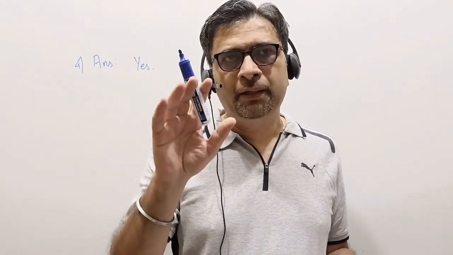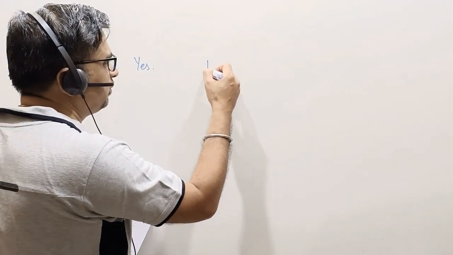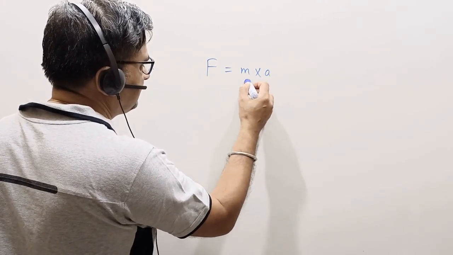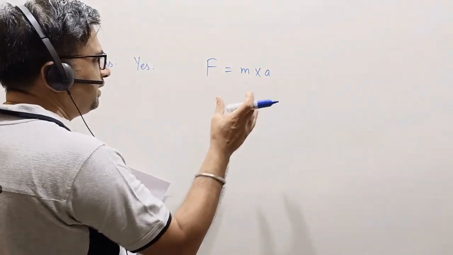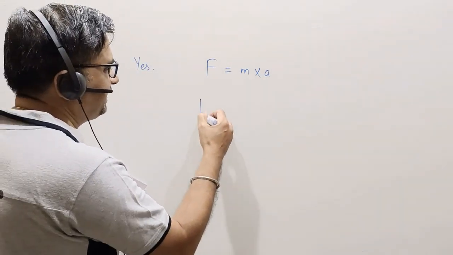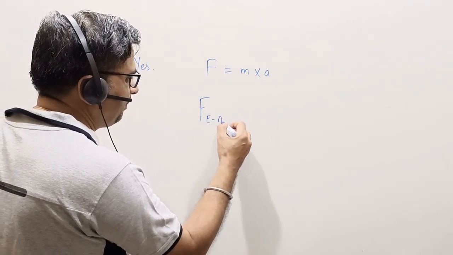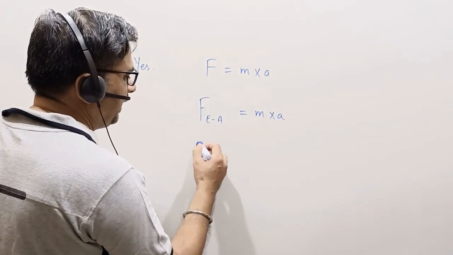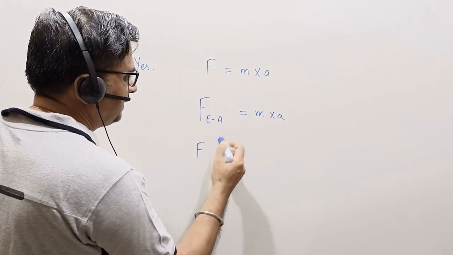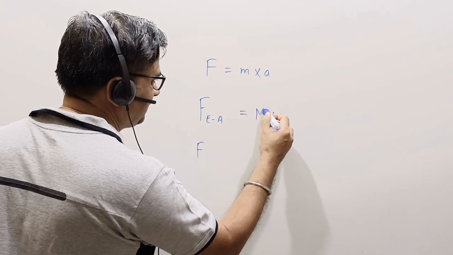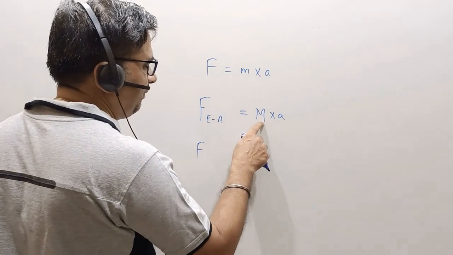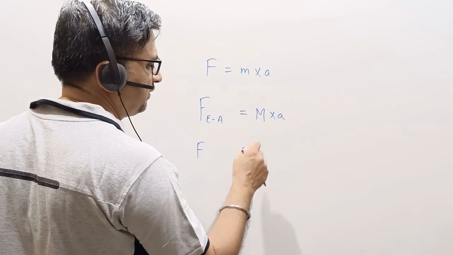Now, in the case of apple and earth, the force exerted we know is equal to m into a. In this case, we have m into a as the force exerted by the earth on the apple, and let's take M as the capital M, because this is the mass of the earth that we are talking about.